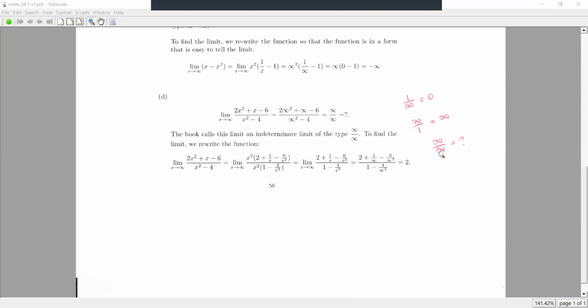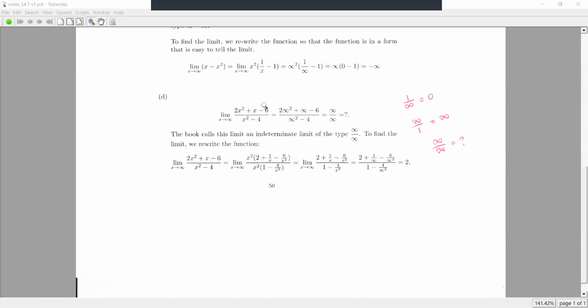It can be any number depending on the problem. So about this limit, direct substitution fails. So this is a difficult limit. The book calls this limit an indeterminate limit of the type infinity over infinity.